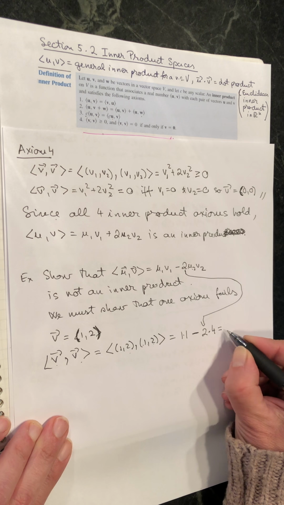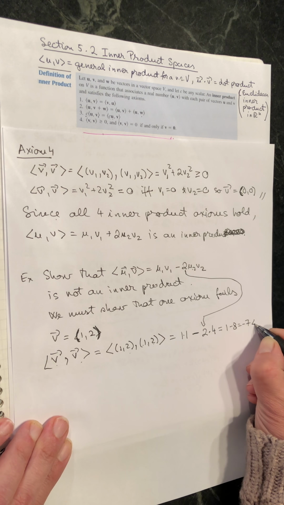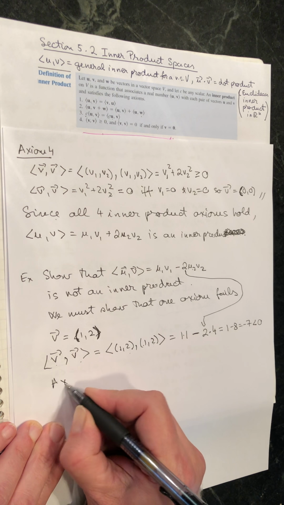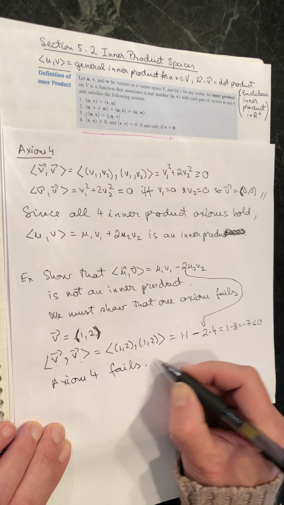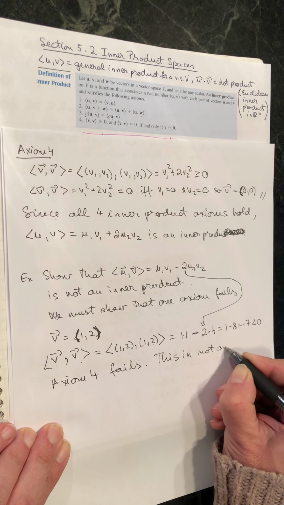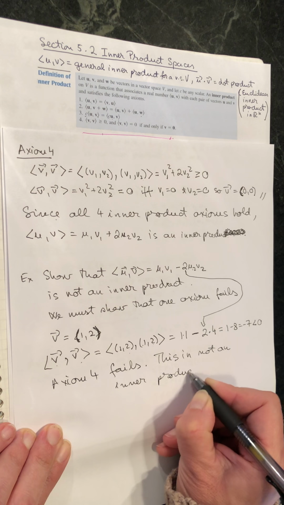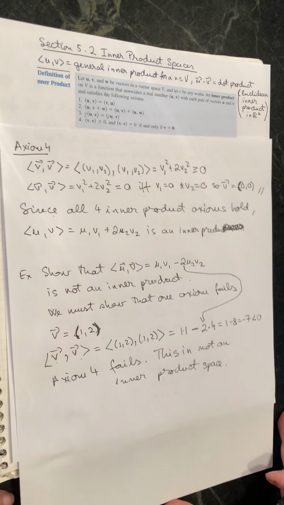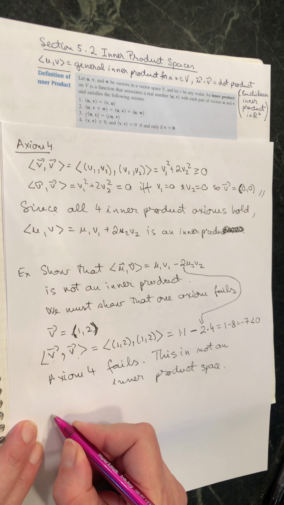So then this becomes 1 minus 8, which is negative 7, which is not greater or equal to 0. It's less than 0. So because axiom 4 fails, this is not an inner product space.